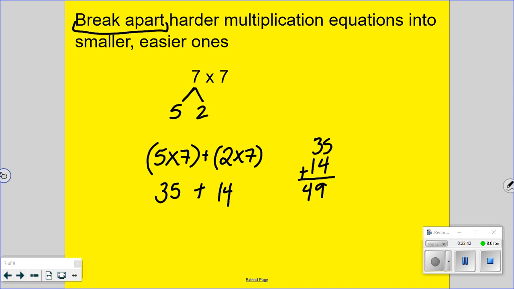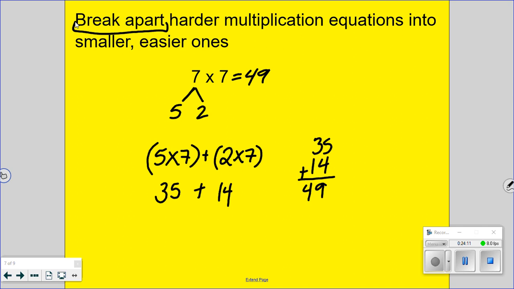Which means my product is 49. That's what that's worth. I didn't have to draw 7 groups with 7 dots in it. I didn't have to draw 7 rows and 7 columns. I didn't have to try to skip count. We can break it into smaller equations and solve it from there.